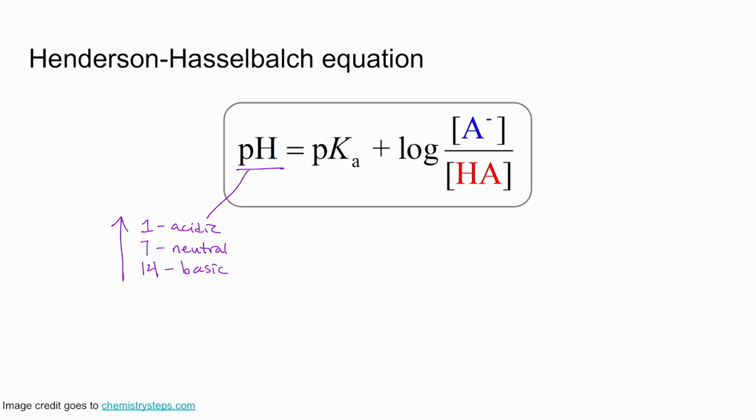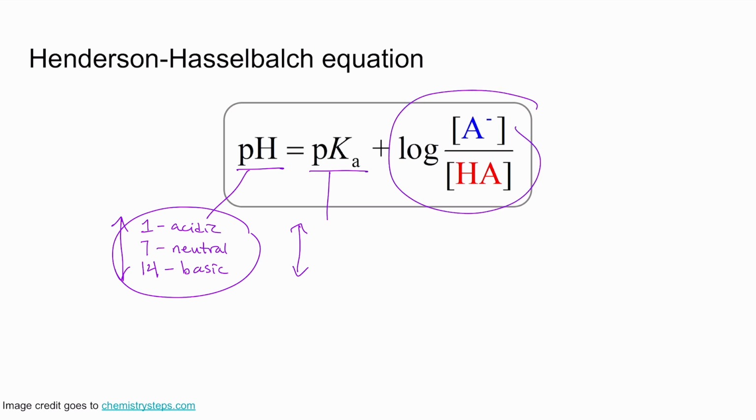So you can think of this as a spectrum from super acidic to super basic. This aligns with pKa because pKa values are also going from low to high, where lower pKa means more acidic and higher pKa means more basic. So it's basically the same trend as we see here with the pH.